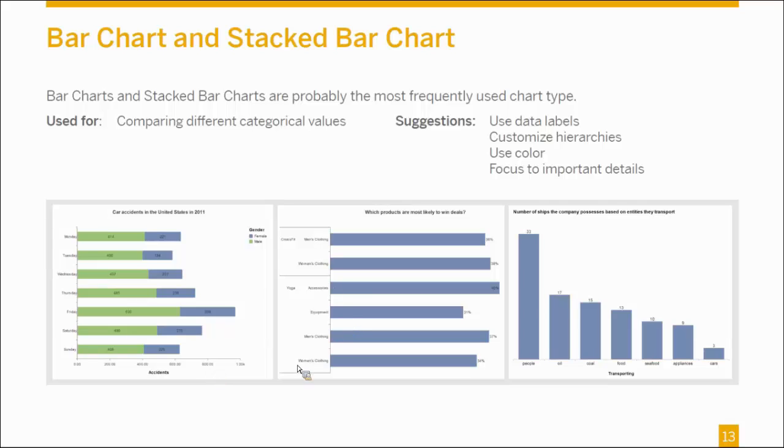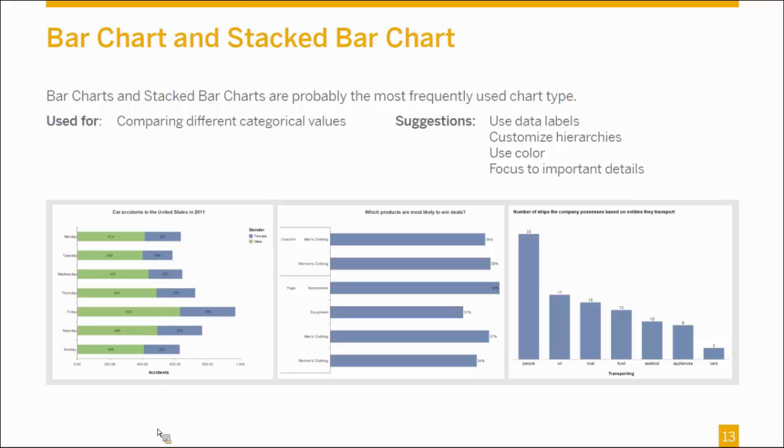As well as here, what we see is how to bring in hierarchies into the chart type, or just showing different categorical values. And some ideas to improve the message of your chart type is to add data labels, as we can see here.